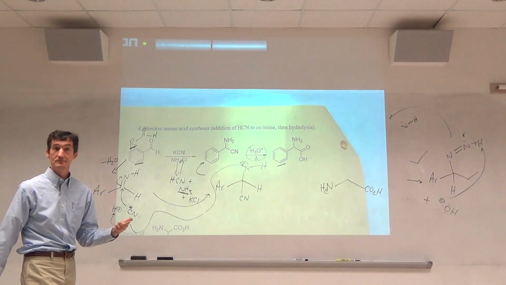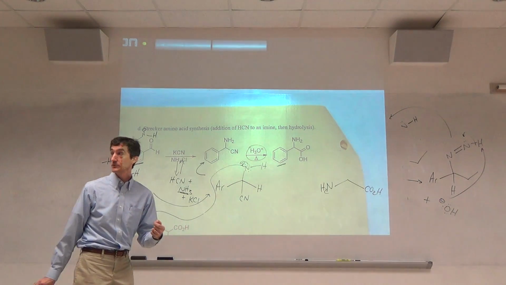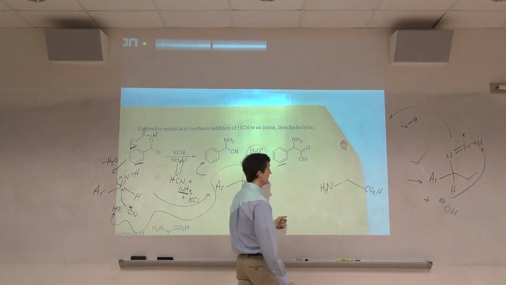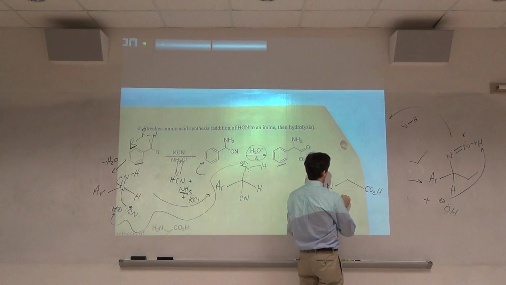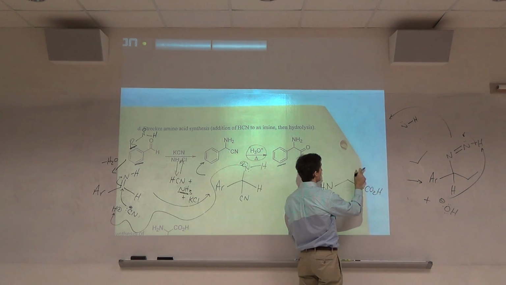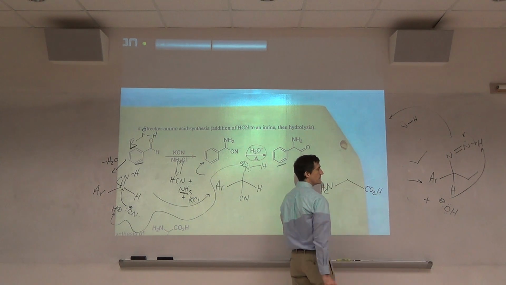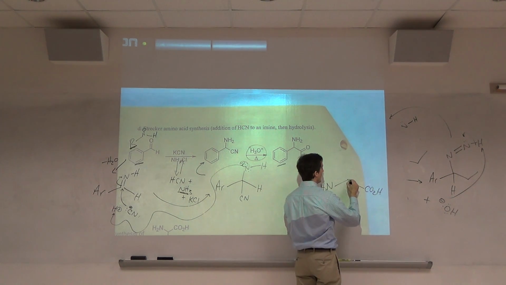Serotonin and many other neurotransmitters. Tryptophan is a very important amino acid. Let's see, I don't even know if I can draw any. Serine. No, that's got an OH on it.